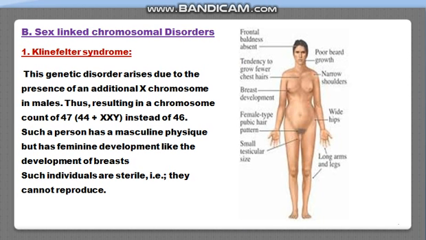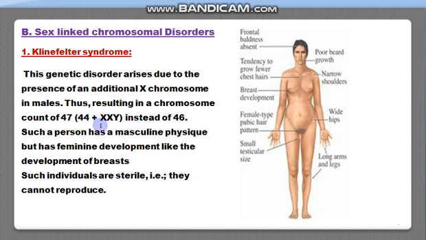Then comes the sex-linked chromosomal disorder, and in this category we will study some examples. Number one is Klinefelter syndrome. This is caused by the presence of an additional X chromosome in males, resulting in a chromosome count of 47 instead of 46.